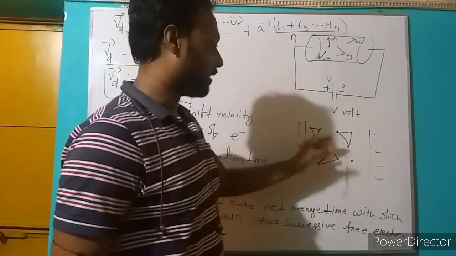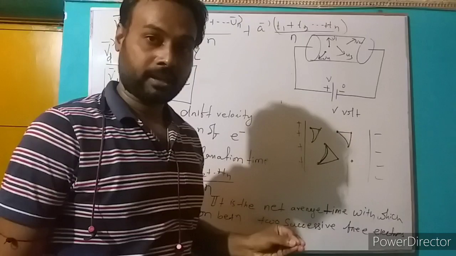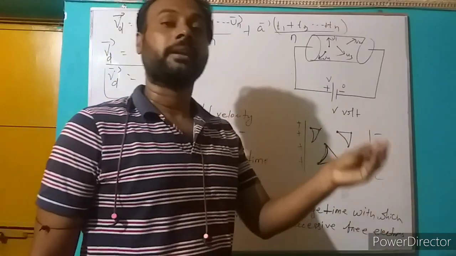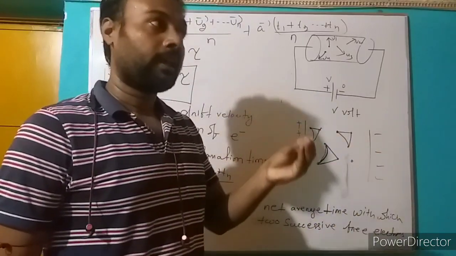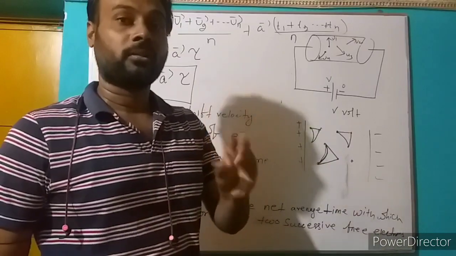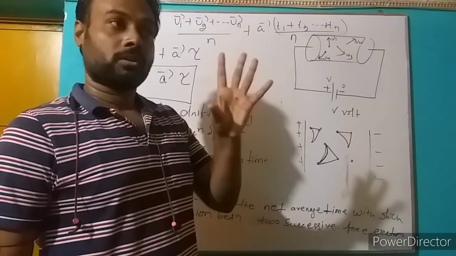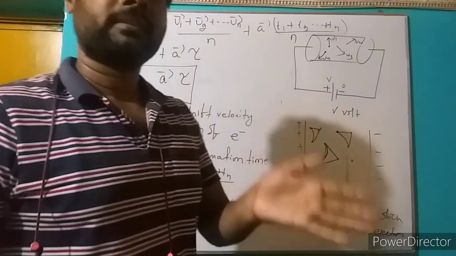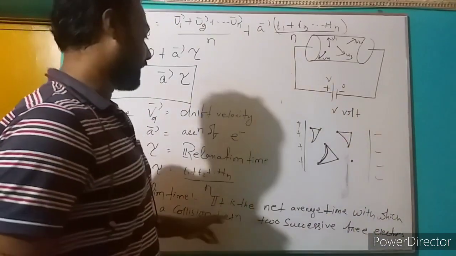If we assume there are a number of free electrons while we apply the battery, they collide with another electron in a particular time, and that time is known as relaxation time.